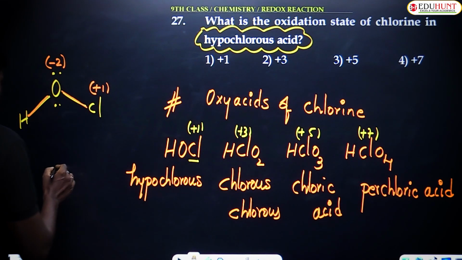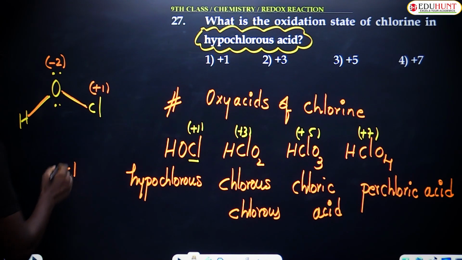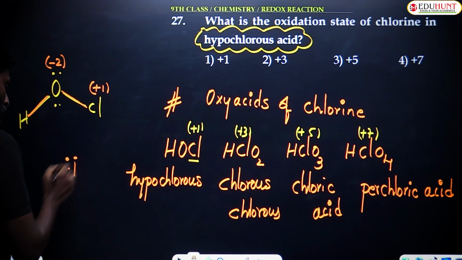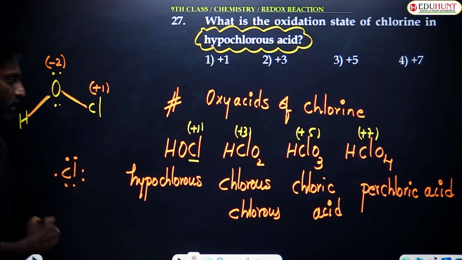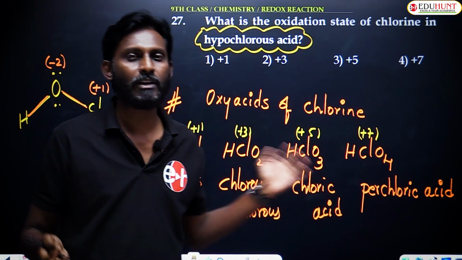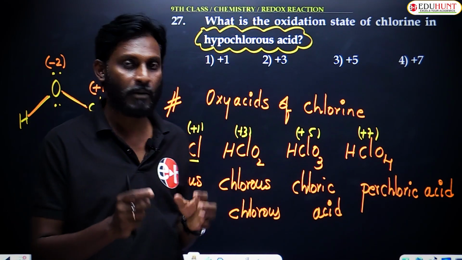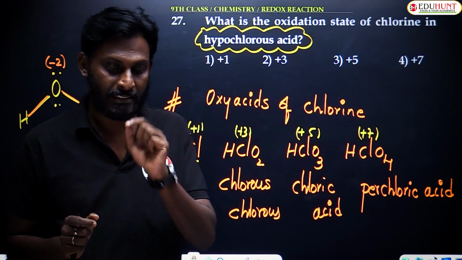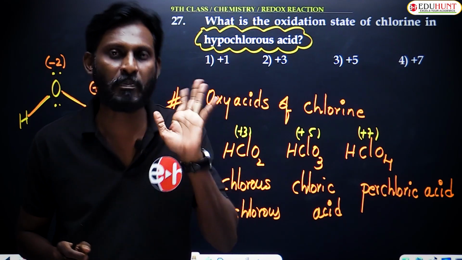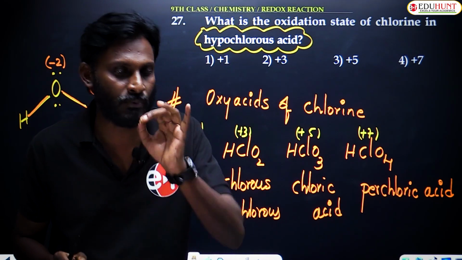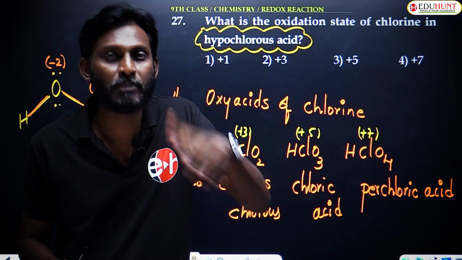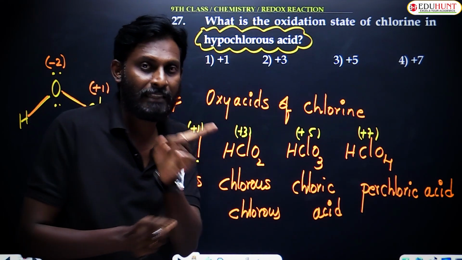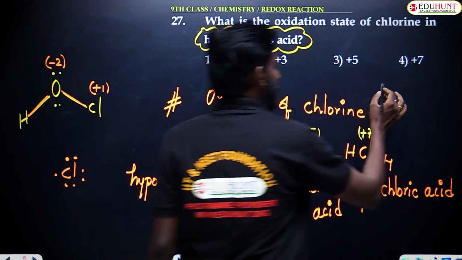Yes. See, the valence electrons of chlorine: 1, 2, 3, 4, 5, 6, 7. It is an oxy acid, right? All these are oxy acids. So, what is the special point regarding oxy acids? Acid means it will release H+. In an oxy acid, the releasing H+ will be in the form of OH.